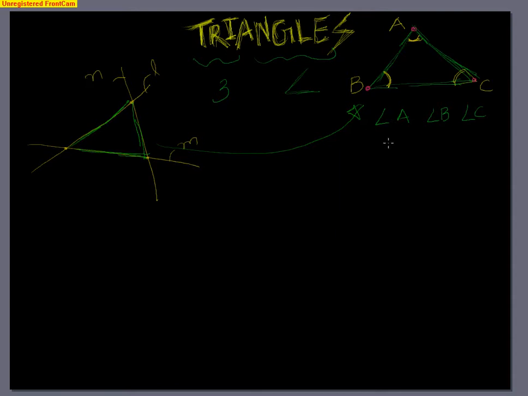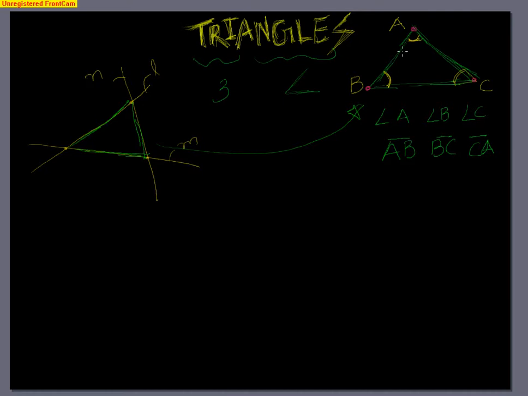And the sides are given by AB, BC, CA. You can use this if you want, or in some textbooks I see they directly give the sides AB, BC, CA.